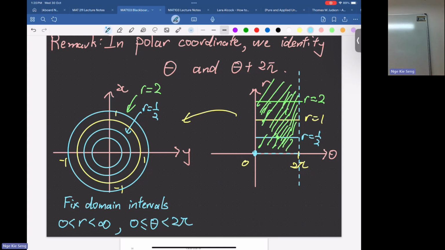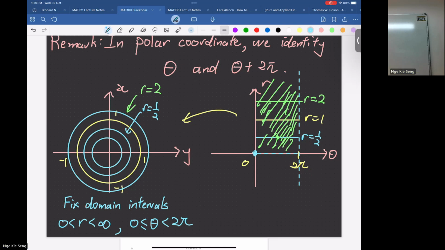When we want to go from the xy plane to polar coordinates, we just fix the domain interval that you can pick these numbers from. In case you want to swap theta, obviously you can, like what you said, do pi to 3 pi, because we have four ways of writing a point in polar coordinates. Then it will be a bijection to the strip going from pi to 3 pi, for example.